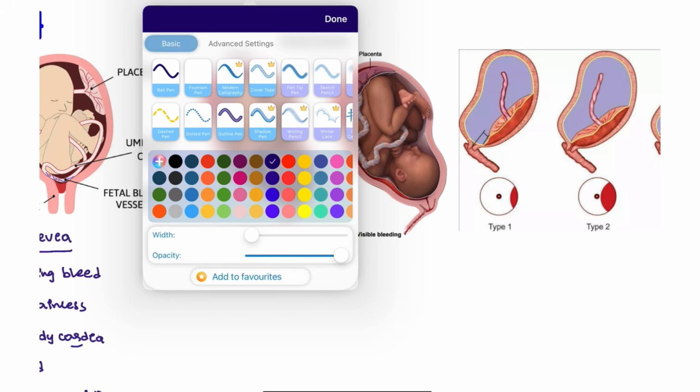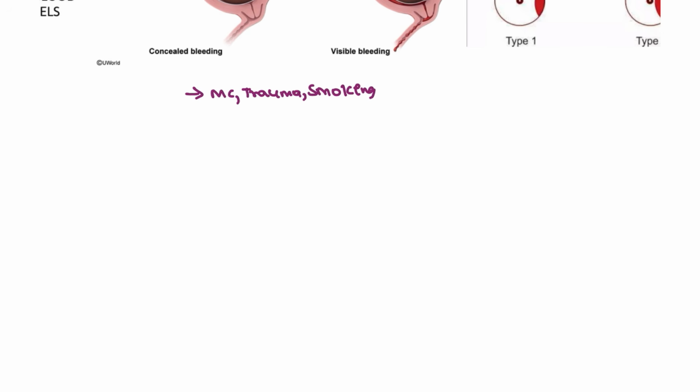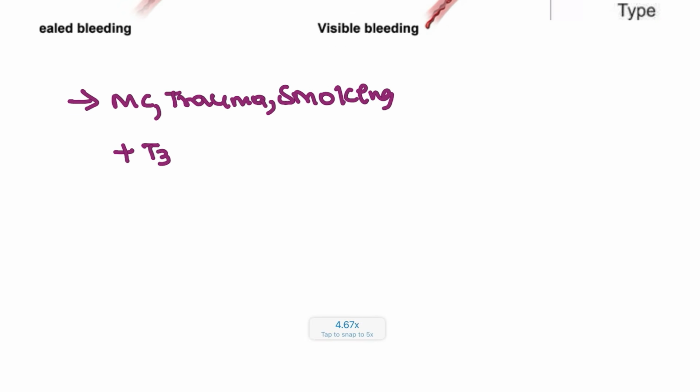Next condition is abruptio placenta. In patients with abruptio placenta, how do they present? They may have a history of, most commonly, trauma, or the patient may have drug use, smoking, or folic acid deficiency. These conditions will be seen, and there will be presentation of third trimester bleeding.